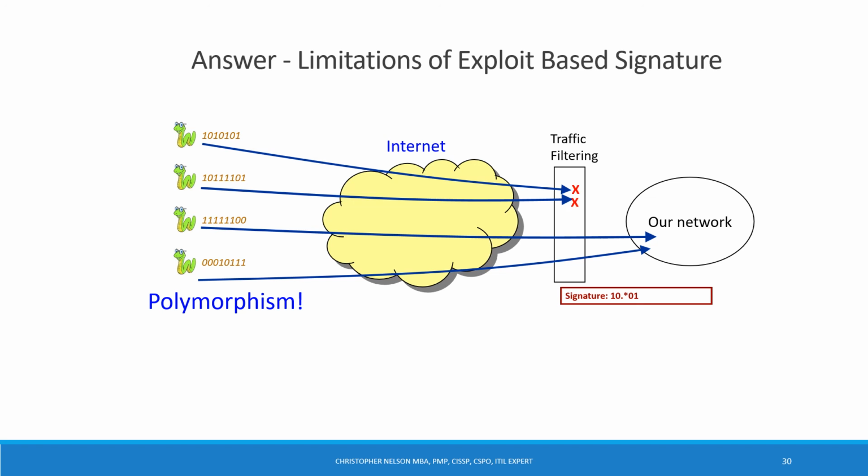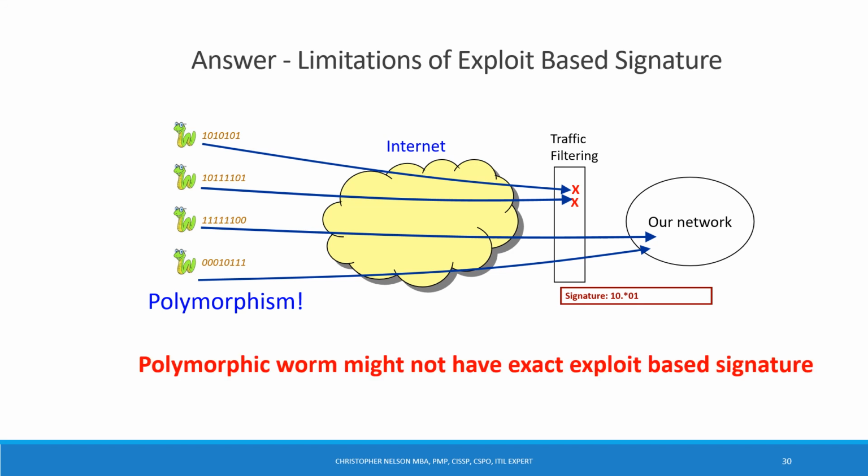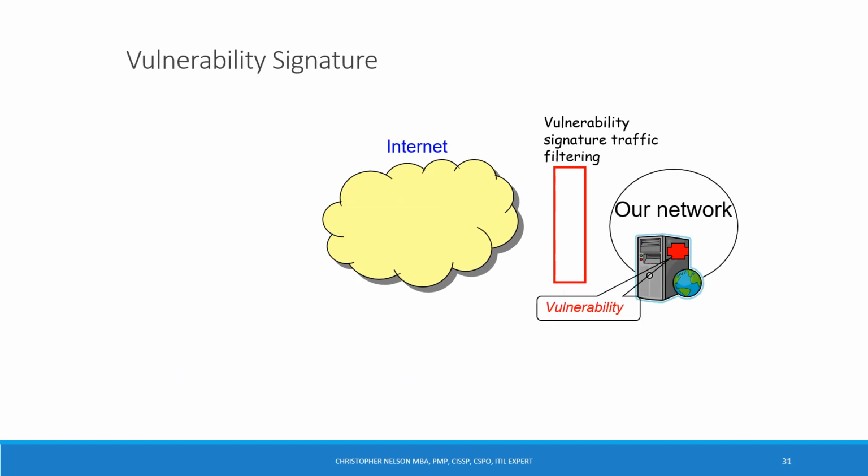But we are able to block anything with a signature 10.01. Everything else is allowed into our network. A polymorphic worm might not have the exact exploit-based signature.